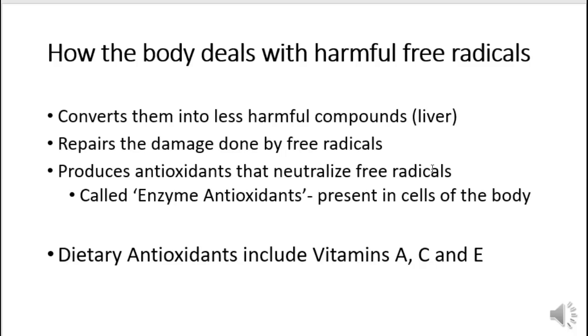Our body also produces natural antioxidants called enzyme antioxidants that neutralize free radicals. And then finally, our diet consists of antioxidants, including vitamins A, C, and E. So normally free radical numbers are kept in check.